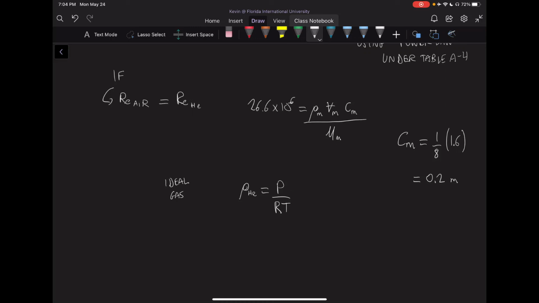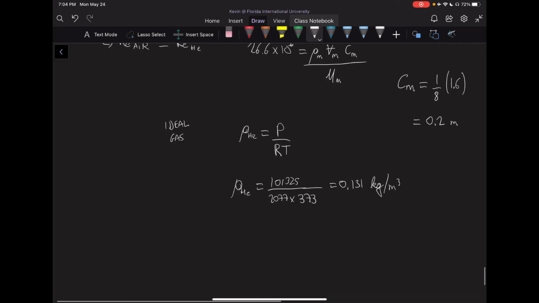Our pressure is going to be standard atmosphere, so 101,325 divided by 2077, which we had found earlier, multiplied by 373, which is our temperature, 100 degrees Celsius plus 273 to convert. So the density of helium from our ideal gas equation is equal to 0.131 kilograms per meter cubed.